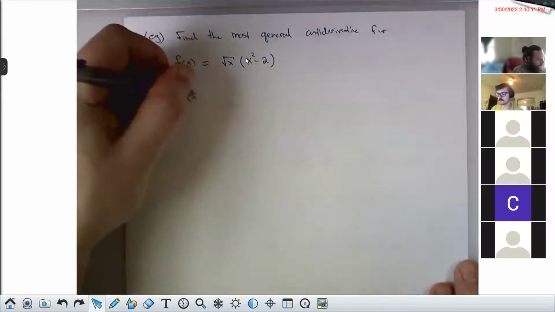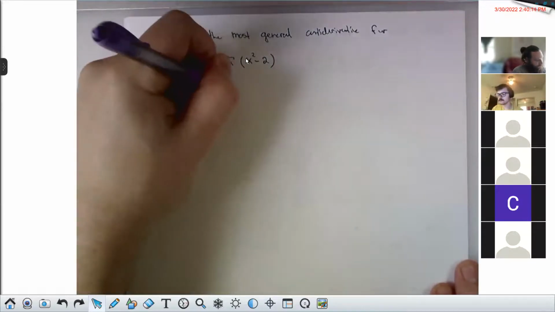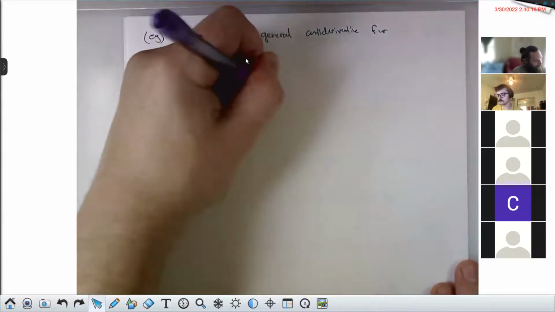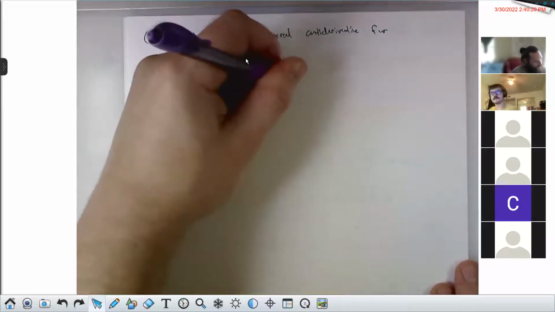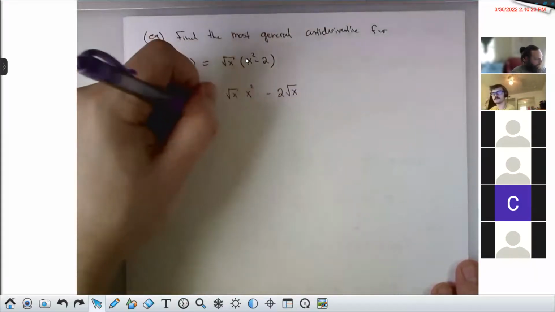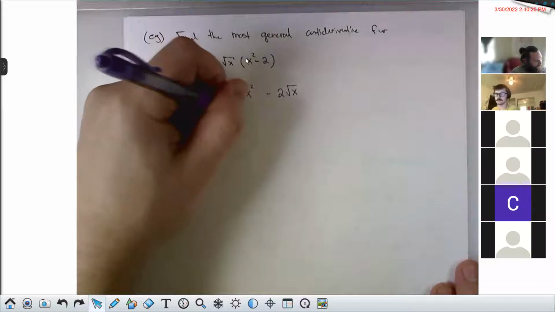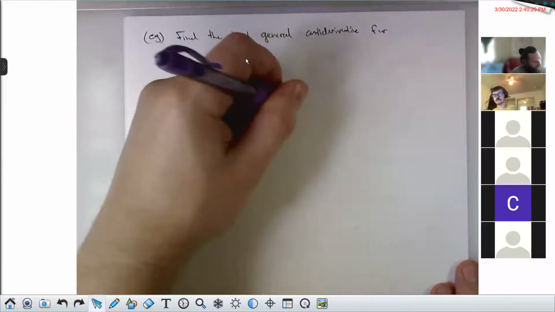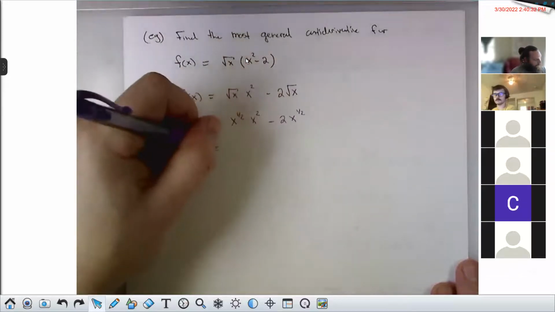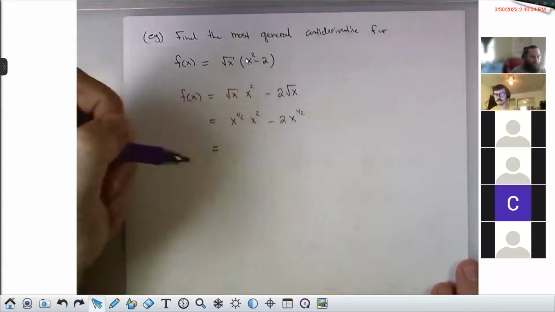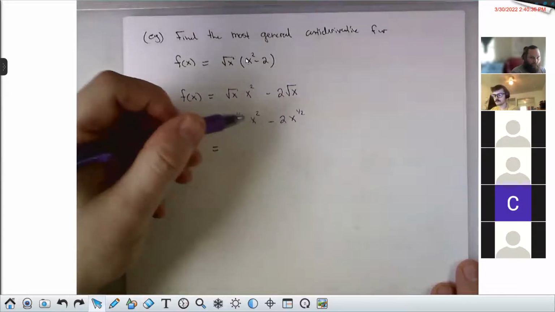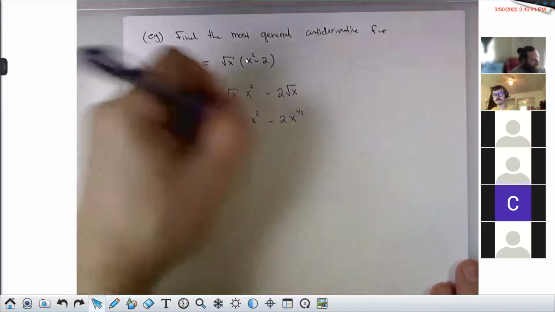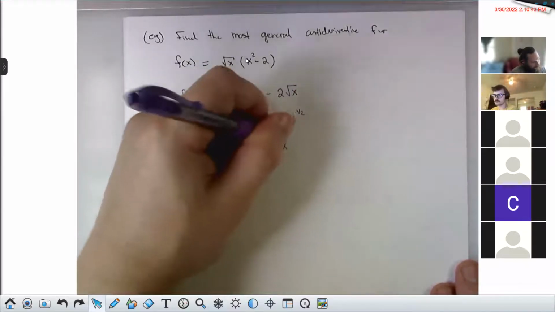So first we're going to rewrite f of x as root x times x squared minus 2 times root x, which is x to the 1/2 times x to the 2 minus 2x to the 1/2. And then I need to write these as a single power of x. That's x to the 2 plus 1/2, which is 5/2, minus 2x to the 1/2.